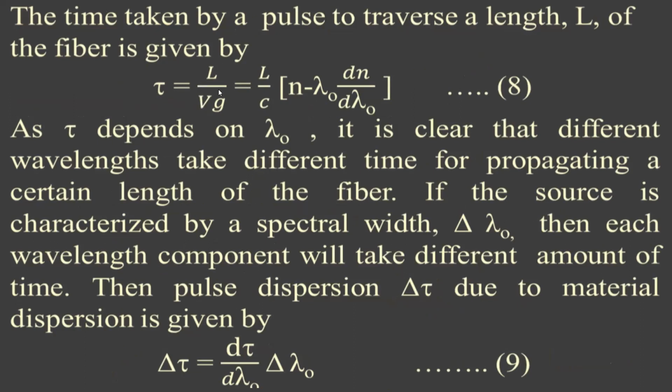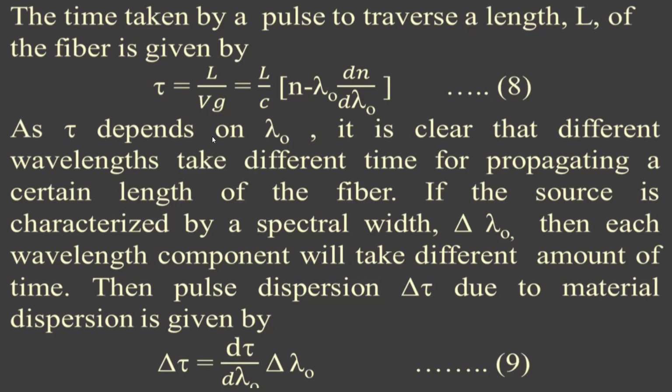Velocity is equal to length divided by time, so for time, it is length divided by velocity. And this 1 by Vg value you substitute from equation 7. After substituting, it becomes L by C into the bracket n minus lambda naught into dn by d lambda naught. So this is the equation 8.